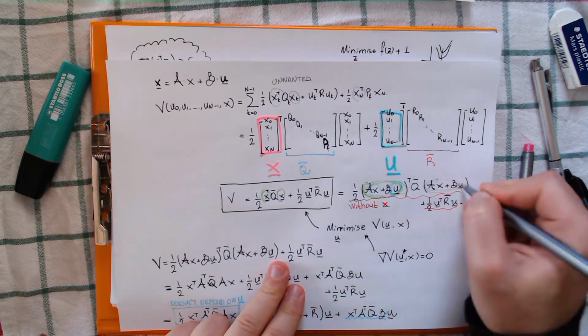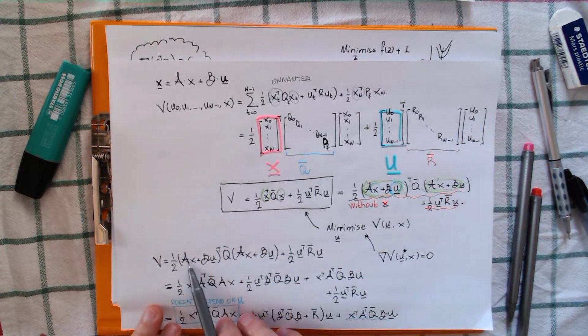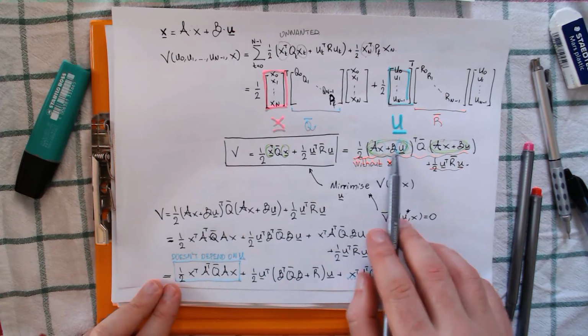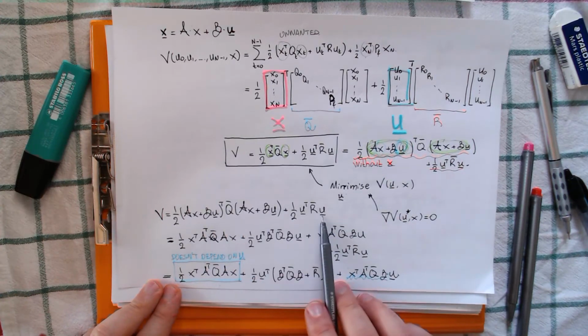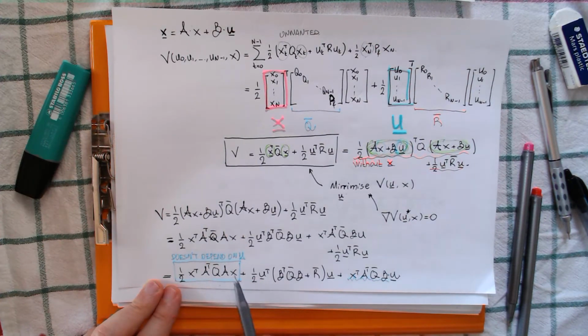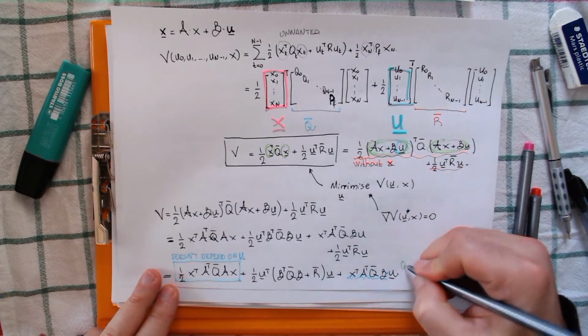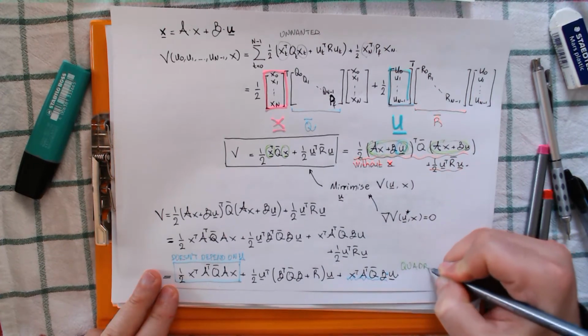We did a little bit of algebra to write this cost function V in terms of x and u underlined in this form, which is quadratic.